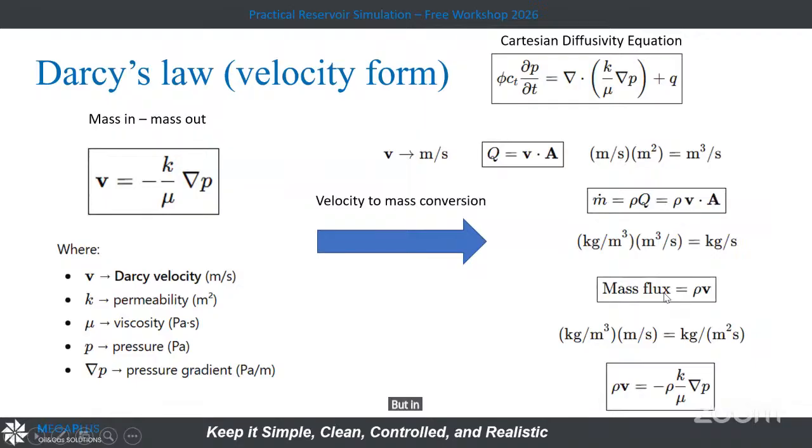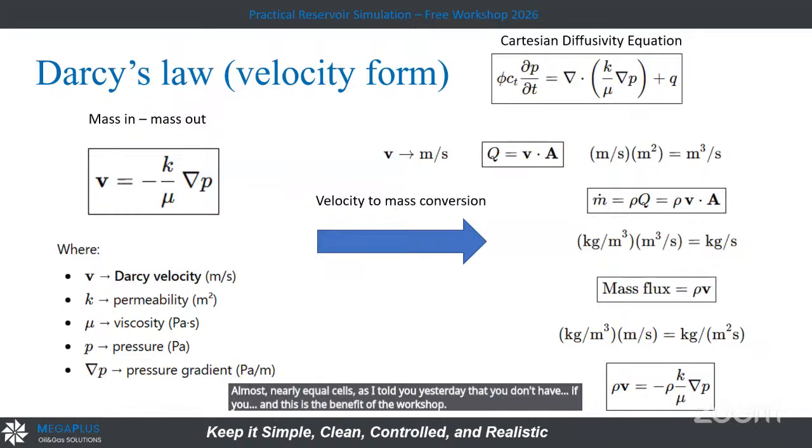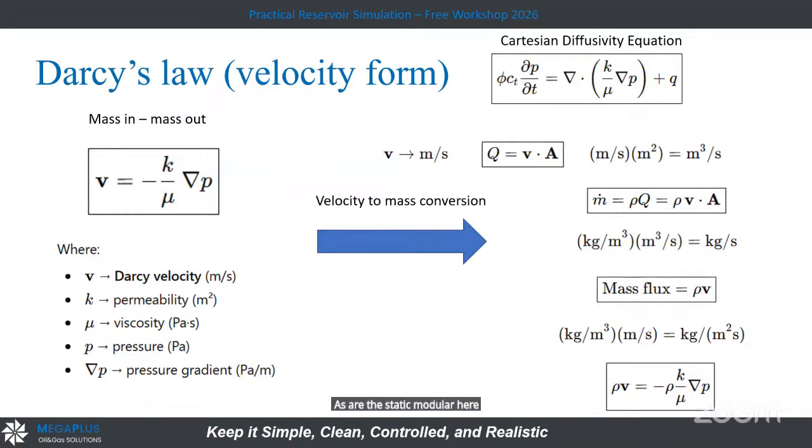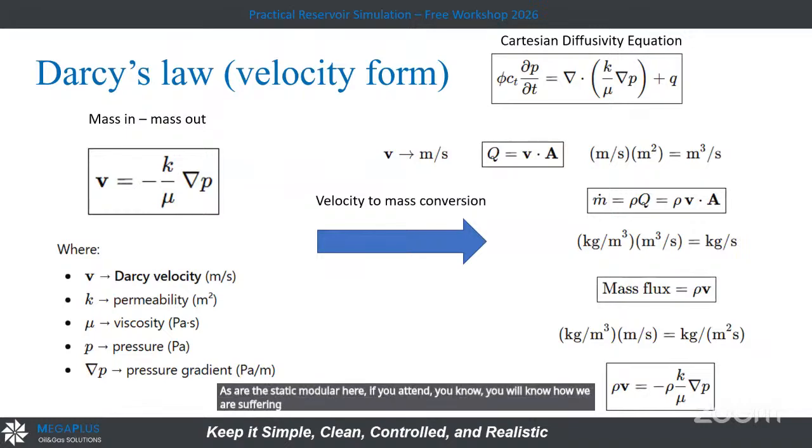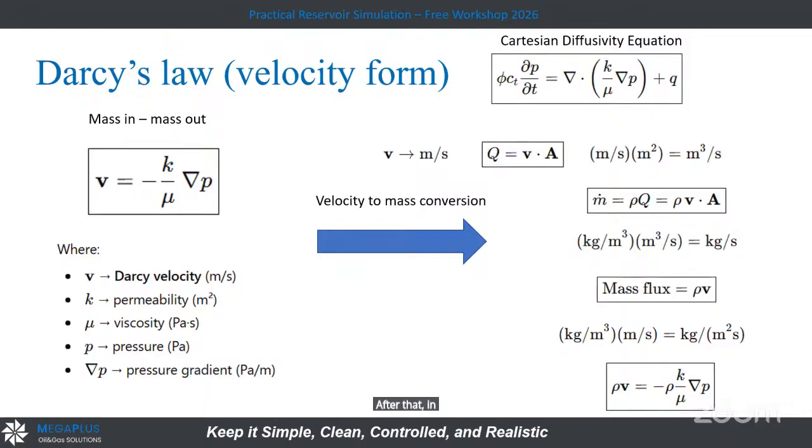But in mass flux, we are dealing with almost nearly equal cells, as I told you yesterday. This is the benefit of the workshop for you as a static modeler: if you attend, you will know how we suffer afterwards in the dynamic model when the model is not clean or built in an improper way.